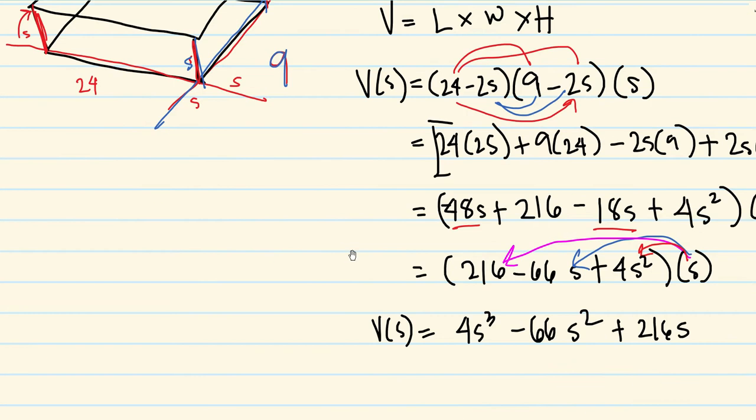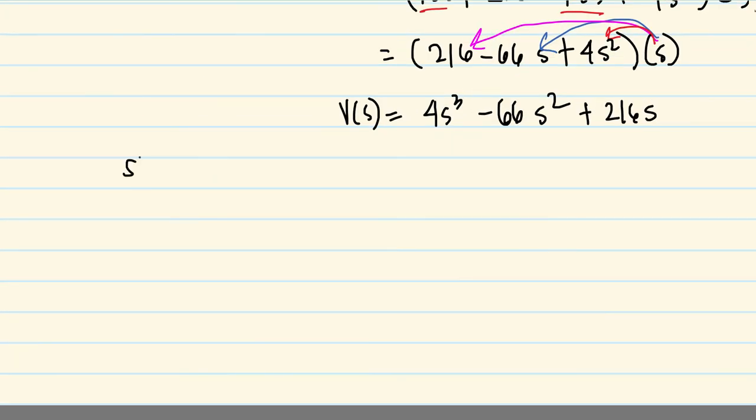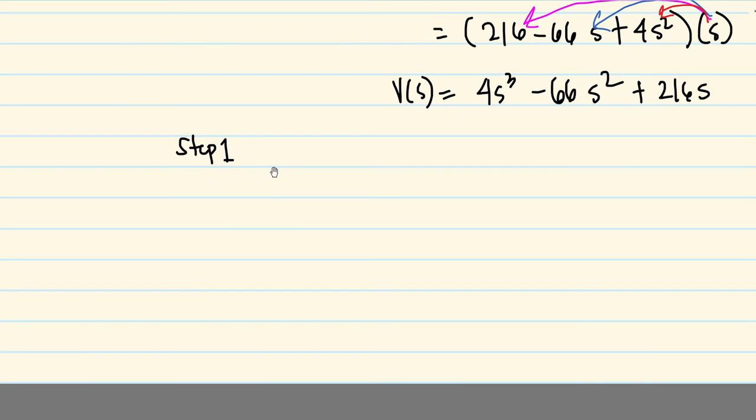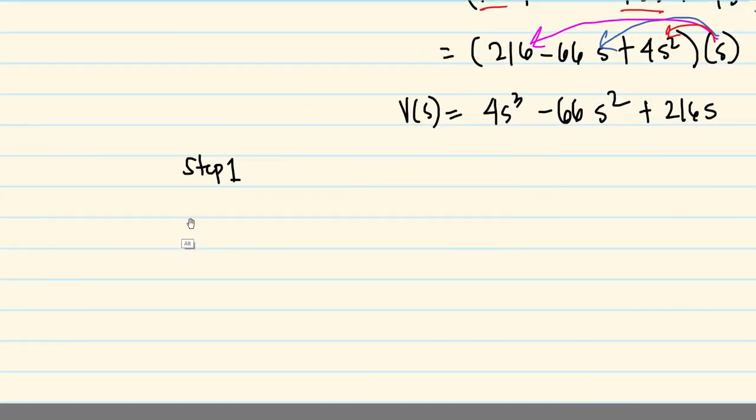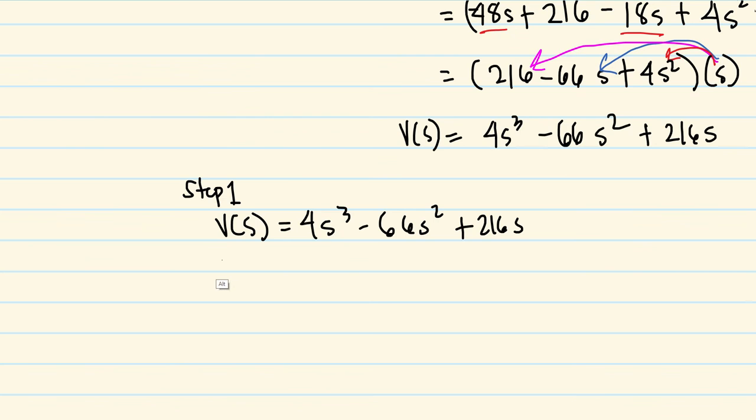What we're going to do is step 1. So what is step 1? We copy the function 4s cubed minus 66s squared plus 216s, and then we derive the function.